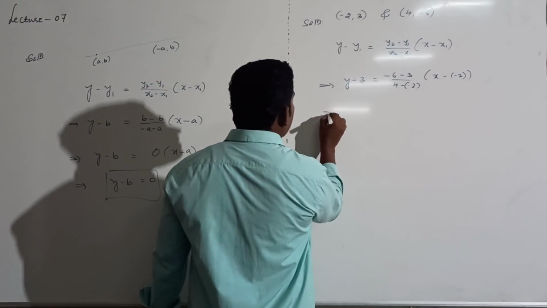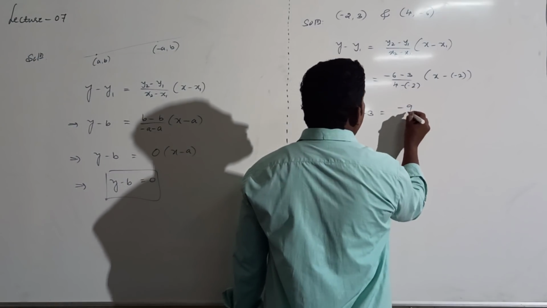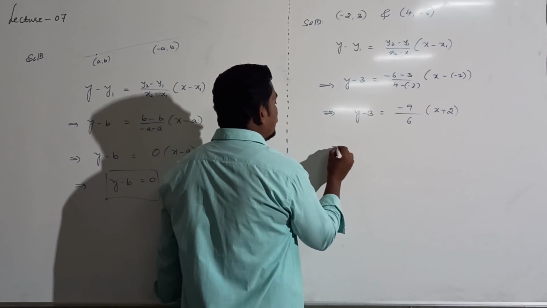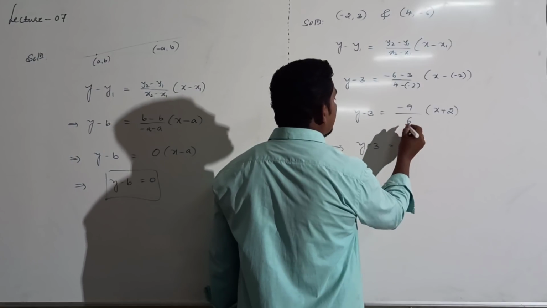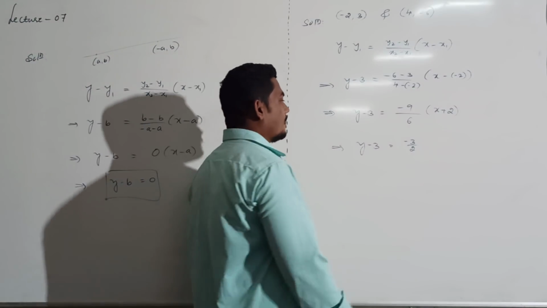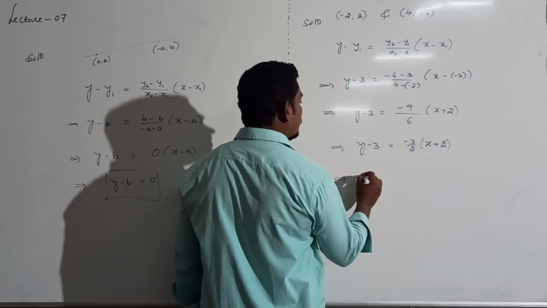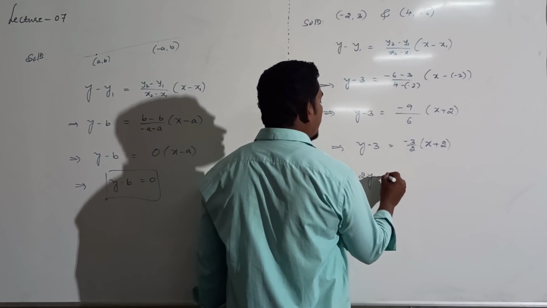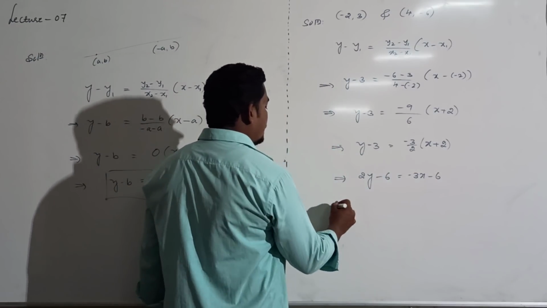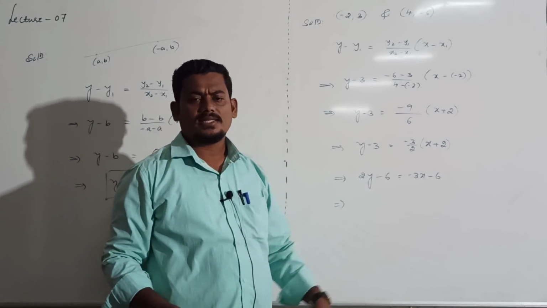After that, y minus 3 is equal to minus 9 divided by plus 6 into x plus 2. After that, y minus 3 is equal to minus 3 by 2, since 3 3s are 9 and 3 2s are 6, into x plus 2. Now just cross multiplication: it will be 2y minus 6 equal to minus 3x minus 6. Just rearrangement: take these two terms into the LHS, or else you can send them into the RHS, no problem.